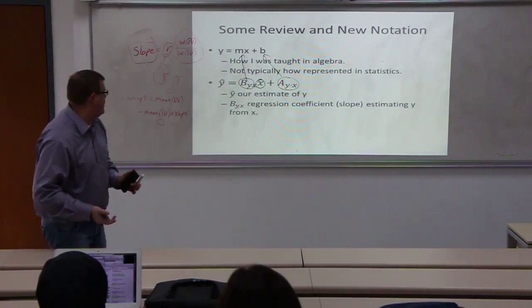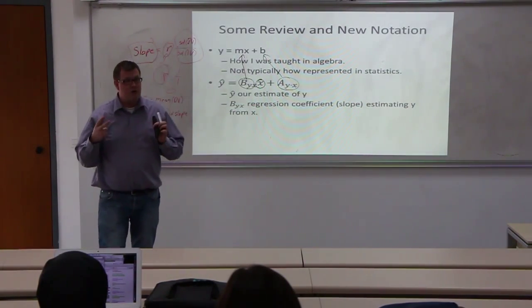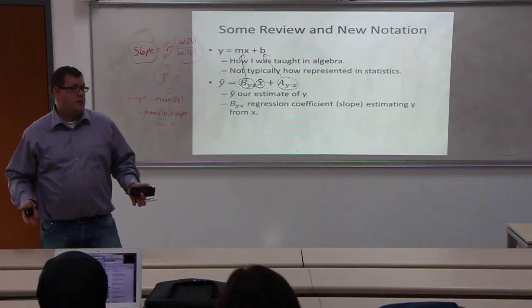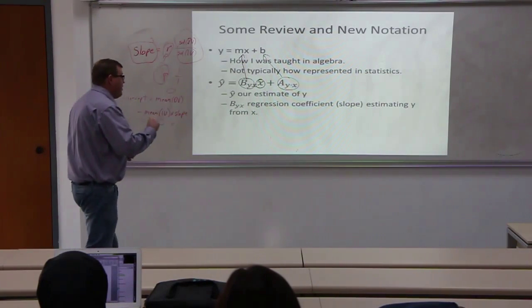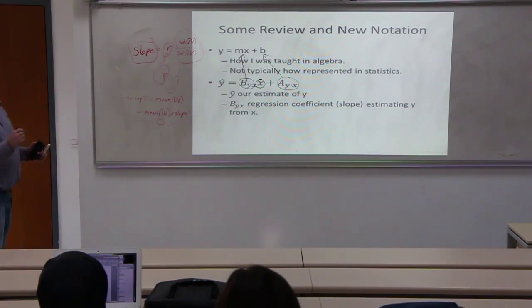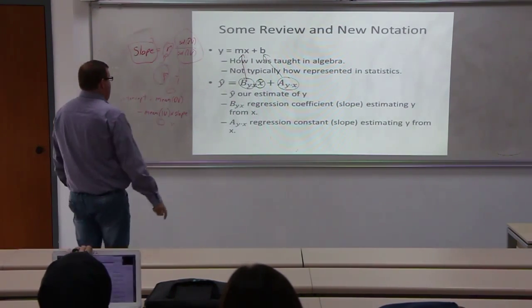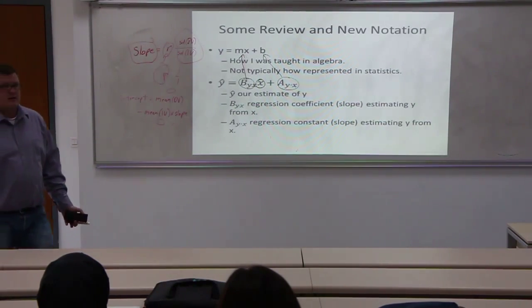But with regression now, what we have is a regression coefficient. So if you are reading, you see regression coefficient, that's just a slope. So don't get confused. It's the slope that we are using to estimate y from x, according to a linear relationship. And this a_yx is the regression constant.